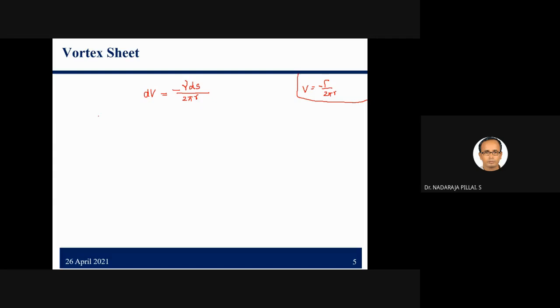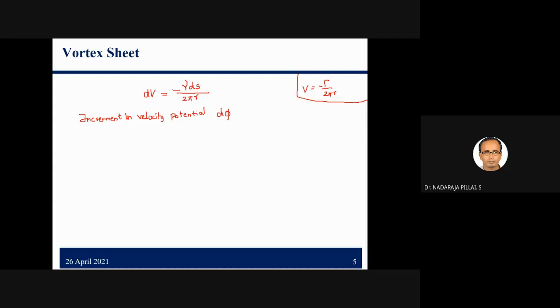Now it is very much convenient to represent anything in terms of velocity potential. So let us say the increment in velocity potential is d phi.